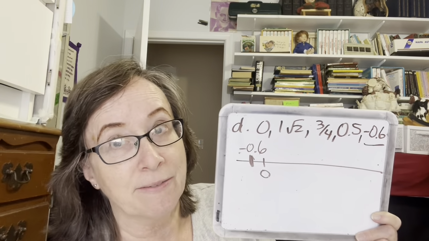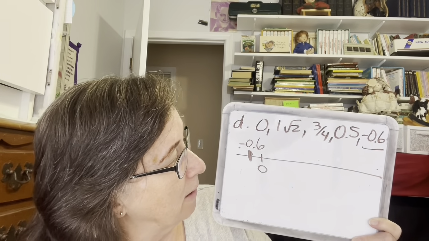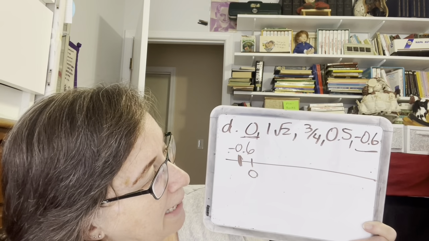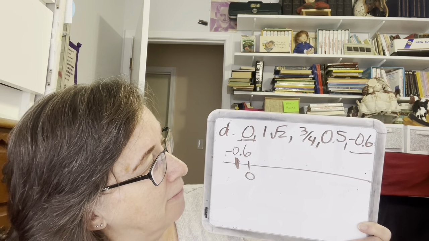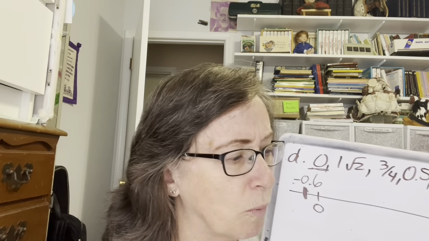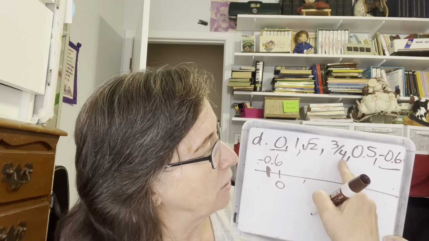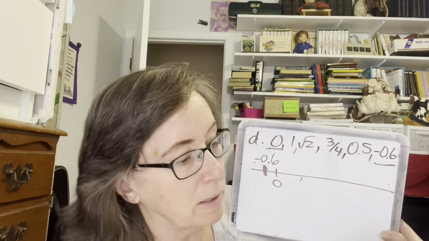It's negative, so it has to go before 0. And then here's my 0 right there. Okay, so now let me see if I copied these right. Okay, it's 1, square root of 2, 3/4, 0.5.